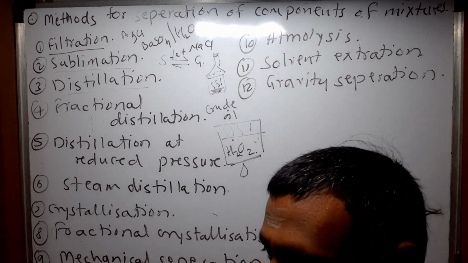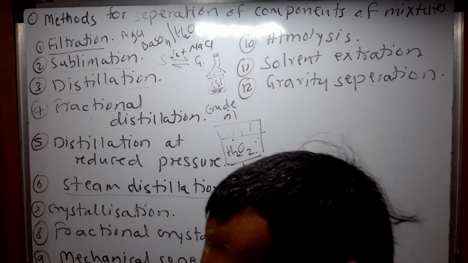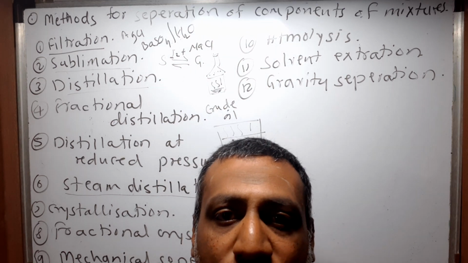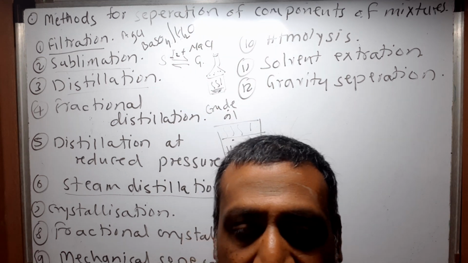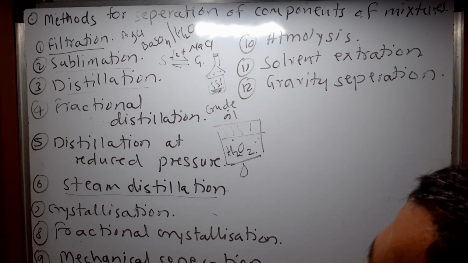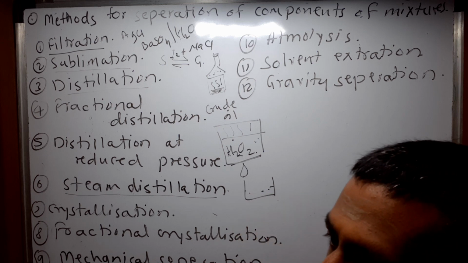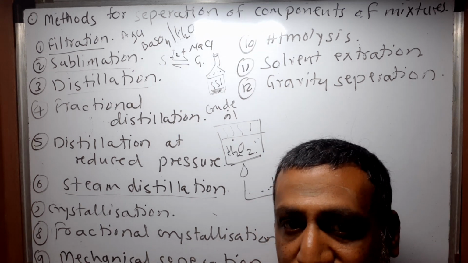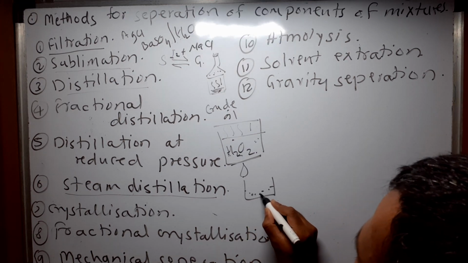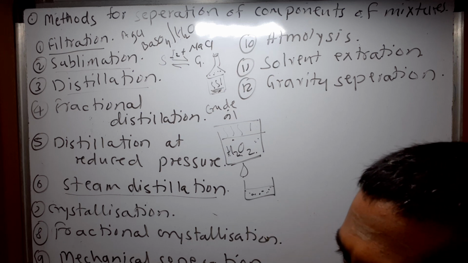Now steam distillation. Steam distillation is used when one of the components of the mixture is water soluble. For example, here we have a mixture, and one of the components is something like nitrobenzene, aniline, sandalwood oil or lemon oil. Say sandalwood oil is present here, and the other components are insoluble in water.